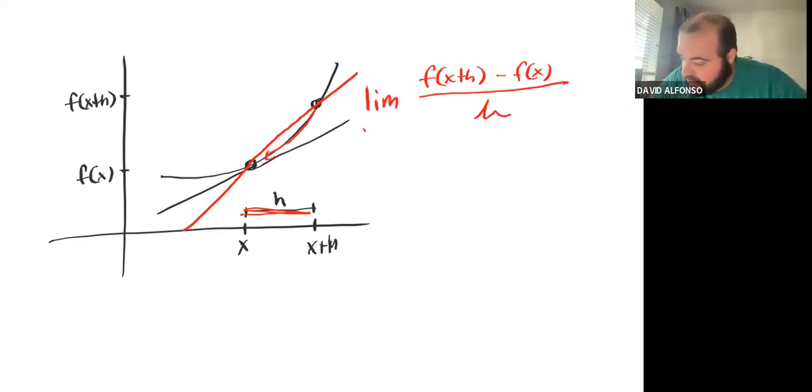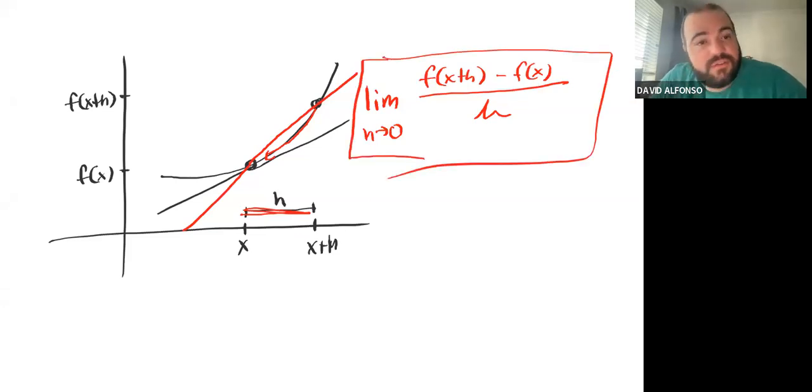So if you make h approach 0, that value will give you the derivative, or the slope of the tangent line. So this here is, of course, the formal definition of the derivative. And you needed a limit in order to prove that.